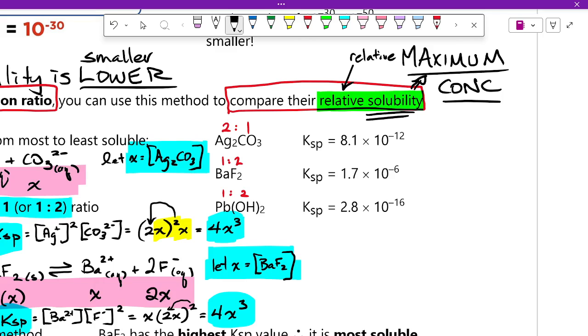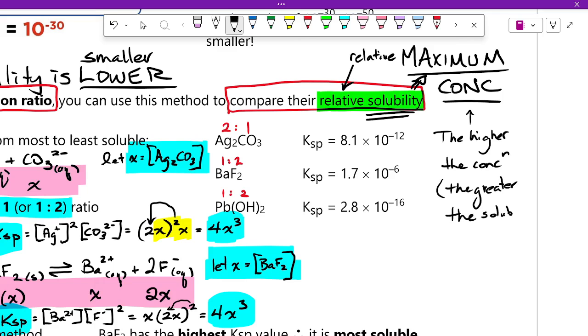The higher the concentration, the more that can dissolve. Solubility is the amount that can dissolve.